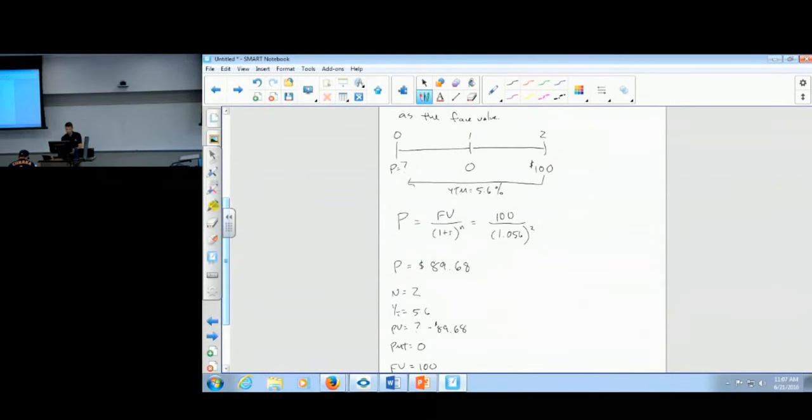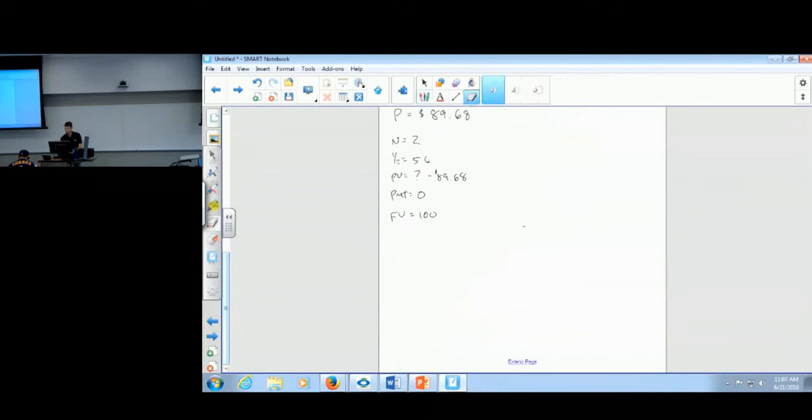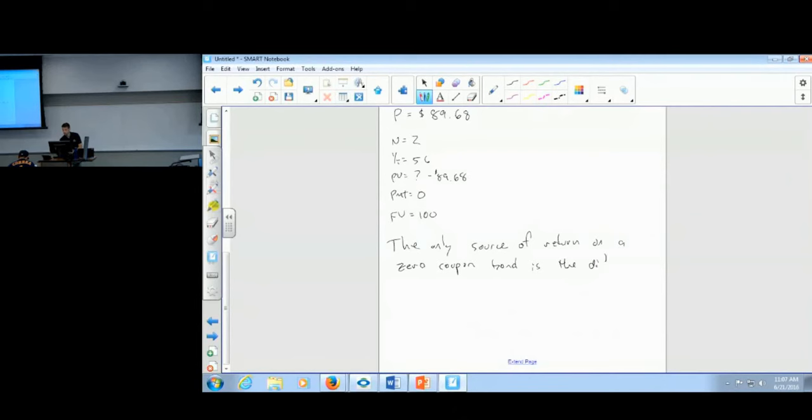All right, so the only source of return on a 0 coupon bond is the difference between the purchase price and the face value.